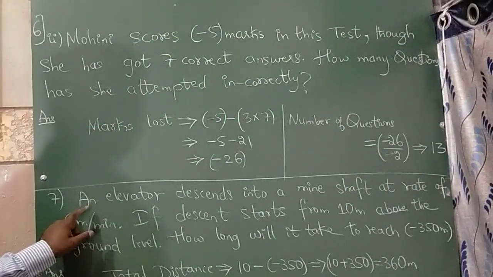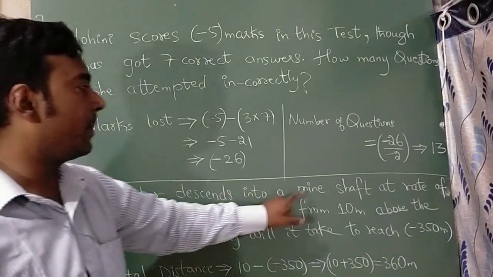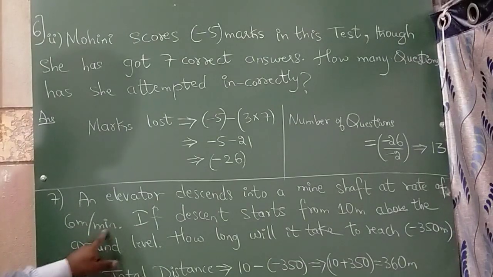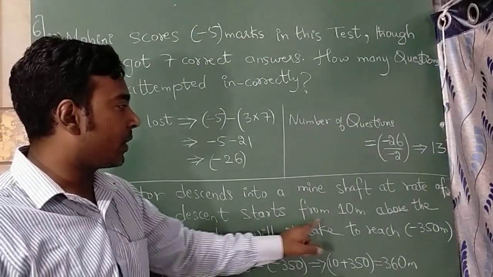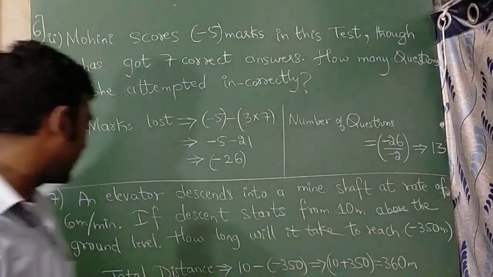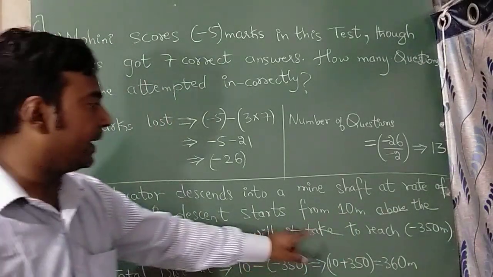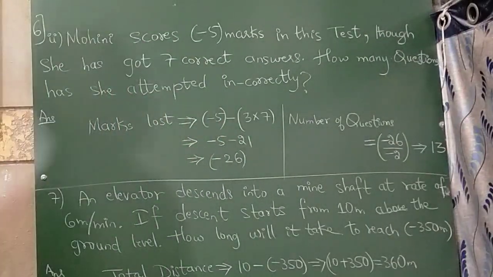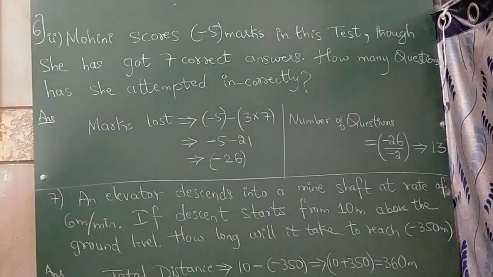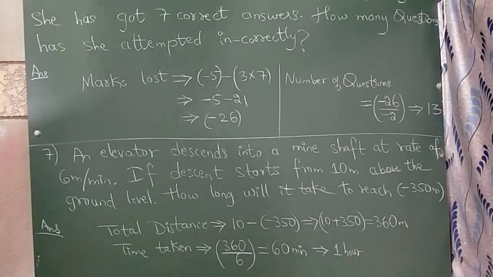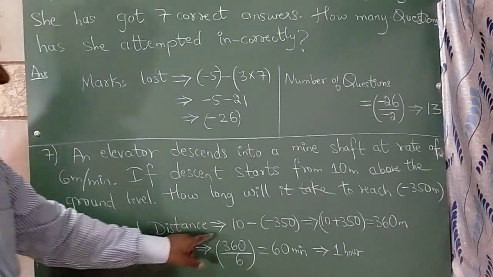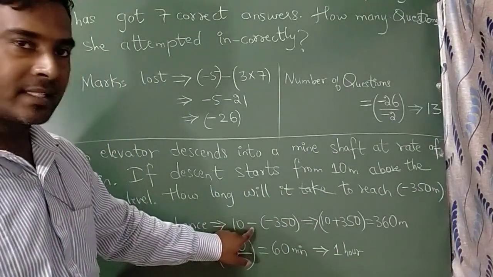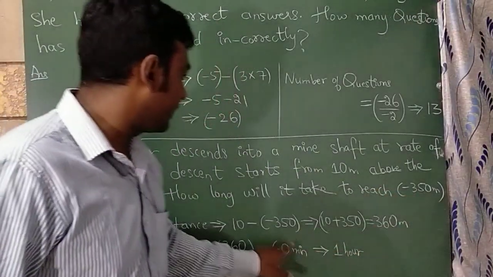So the last question. An elevator descends into a mine shaft at a rate of 6 meters per minute. If descent starts from 10 meters above the ground level, how long will it take to reach minus 350 meters? Now total distance is 10 meters above the ground level minus minus 350.